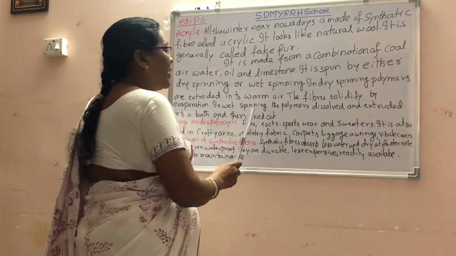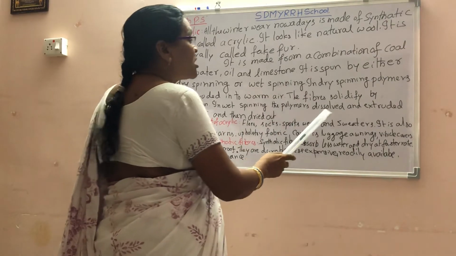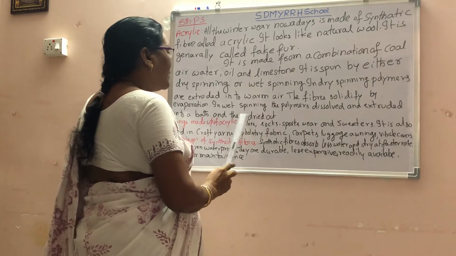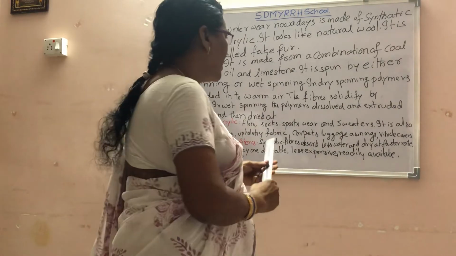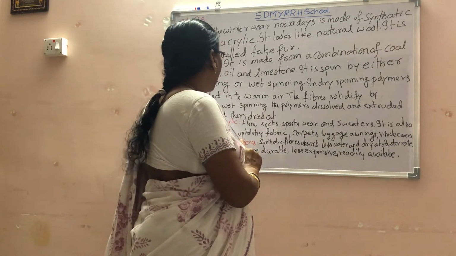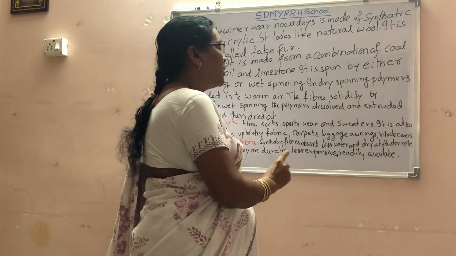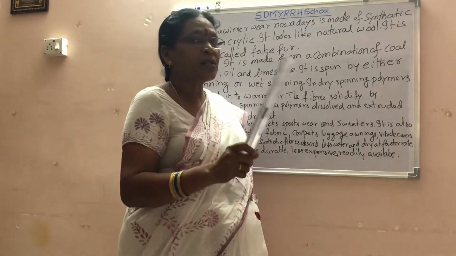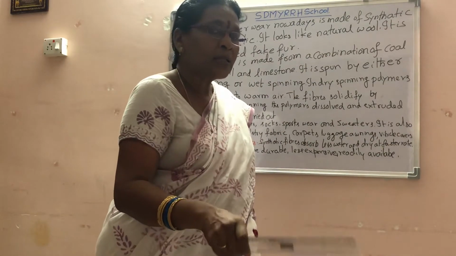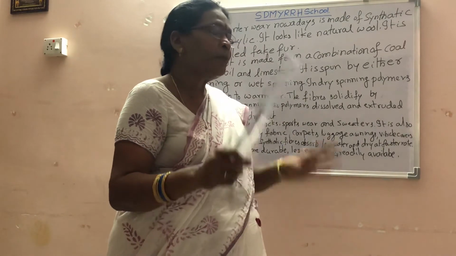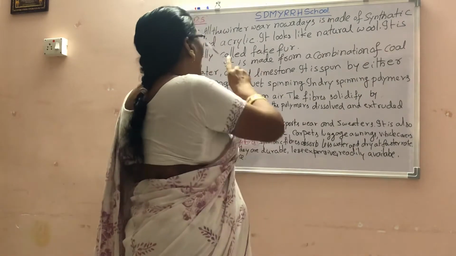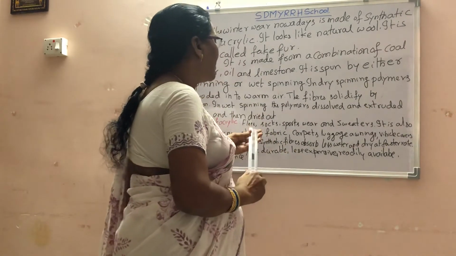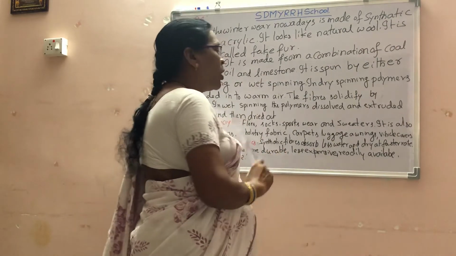In wet spinning, the polymers are dissolved and extruded into a bath and then dried out. As I said, all synthetic fibers are polymers, and acrylic is a synthetic fiber. That's why we are talking about polymers.